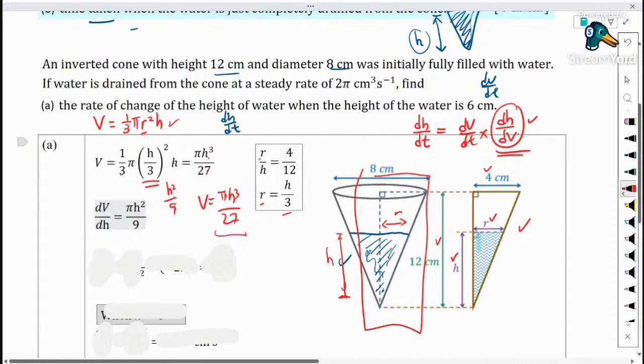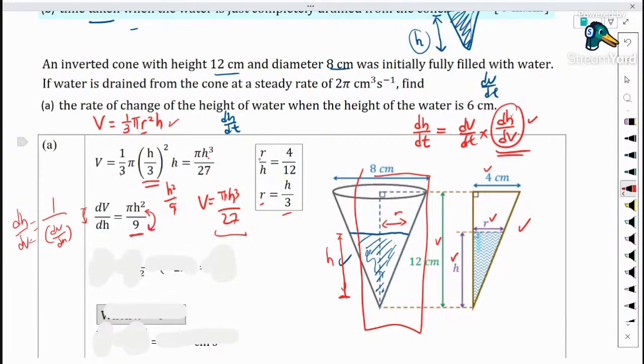Differentiate this term here. I purposely write it in one single fraction so that when I need dH/dV, where I need to overturn this one, it will be easy for me to interchange the denominator and numerator.